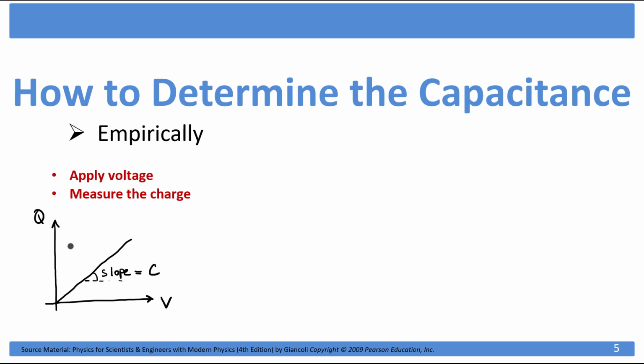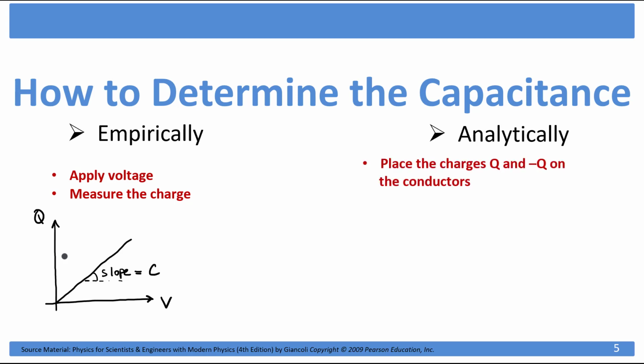This is one way to determine it, and if you know the geometry of the capacitor, we can do this analytically as well. What we need to do is first place the charges Q and minus Q on the conductors, and then with these charges on the conductors, we have to find the voltage between the conductors, the potential difference between the conductors.